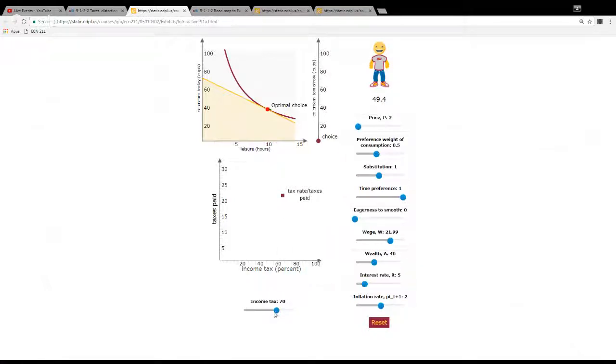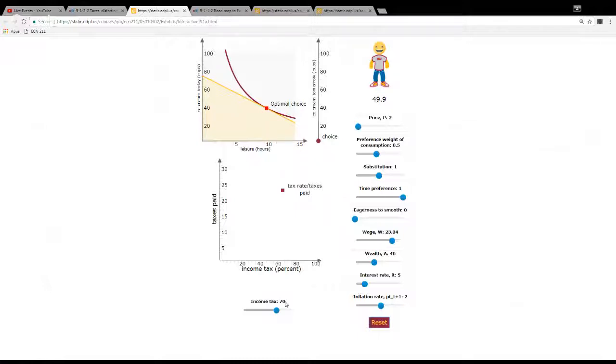Now this income tax here was 70%. Let me reset this for you for a second. We'll raise his wage again. There you are. So he's paying a 70% income tax. That's a large income tax where you pay 70% of every dollar you earn back to the government.